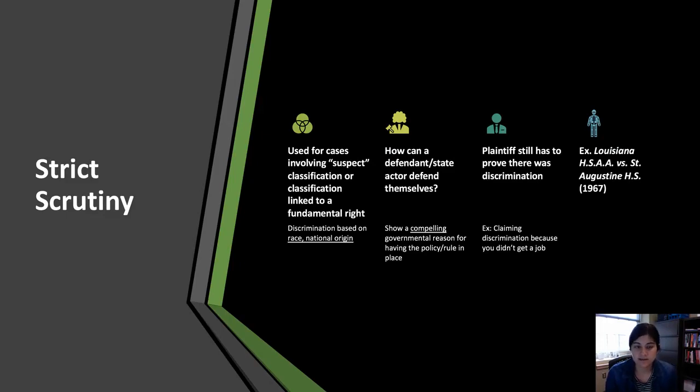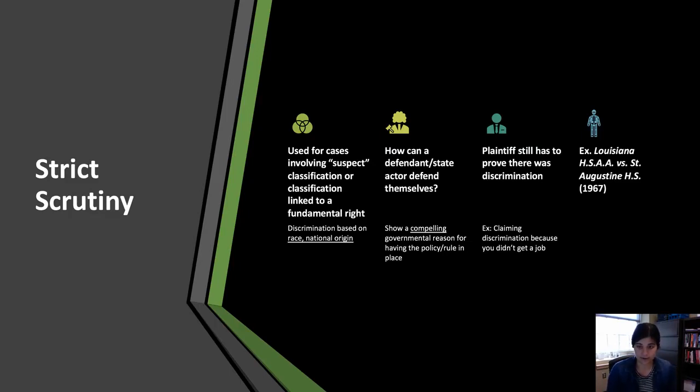What that means is the cases involving strict scrutiny are generally discrimination based on some of those immutable characteristics, so things like race, ethnicity, national origin. Basically, the courts have determined that this type of discrimination is unjustifiable, right? Essentially, there's rarely ever a situation where a state actor can defend discrimination based on race, national origin, or ethnicity.